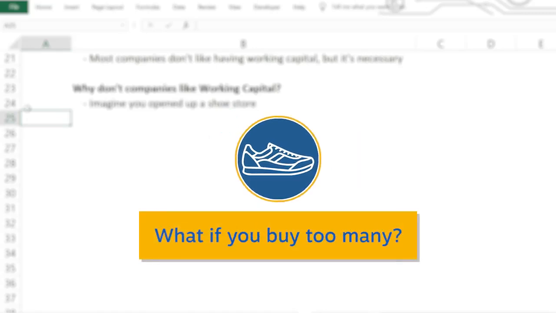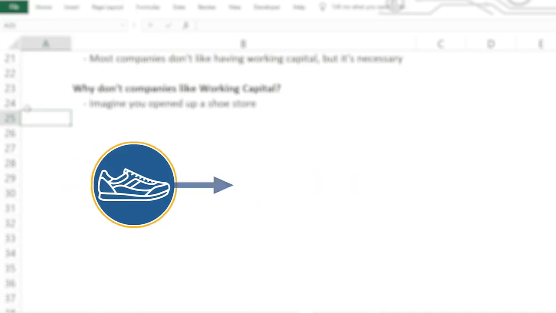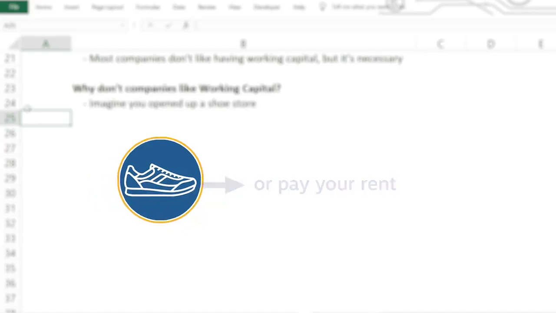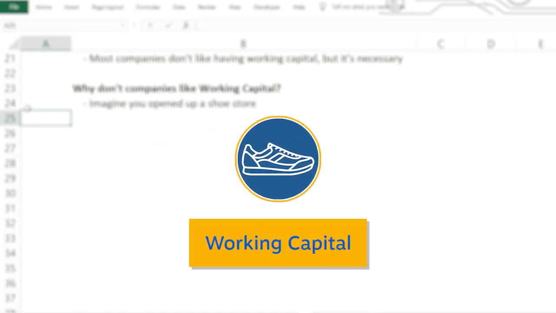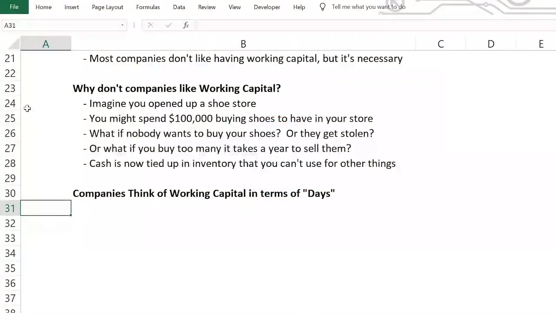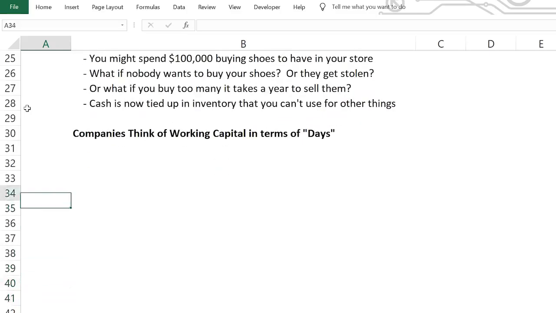Or what if you buy too many and it takes a whole year to sell them? In any of these events, you now have cash that's been tied up in inventory that you can't use for other things. You can't use that cash to pay your employees or to pay your rent because it's tied up in working capital.